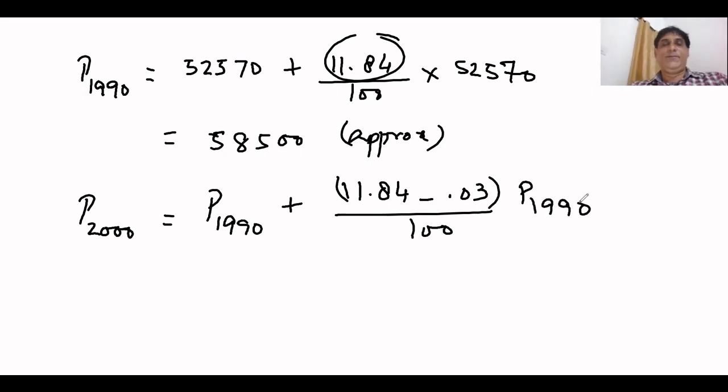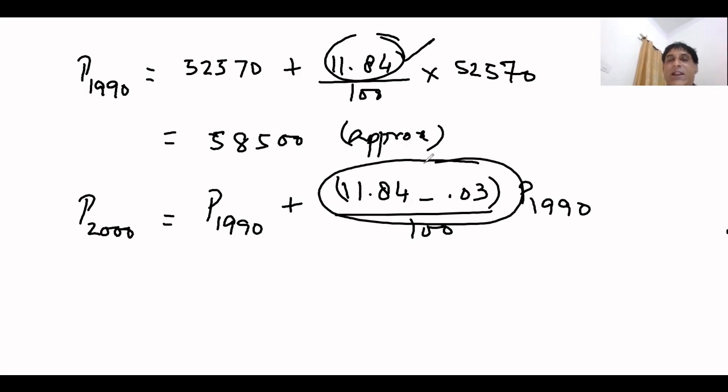The only thing which a student has to keep in mind is that this percentage will keep on changing, and you will always take the percentage of the previous decade or the previous year known, not the last decade known as given in the question, right? So this is the way how it works out. Got it? Now let us take one more example for this method.